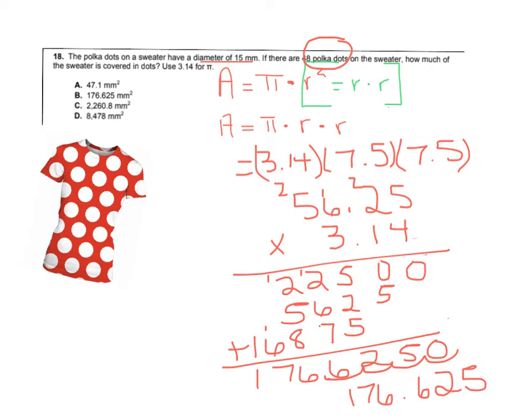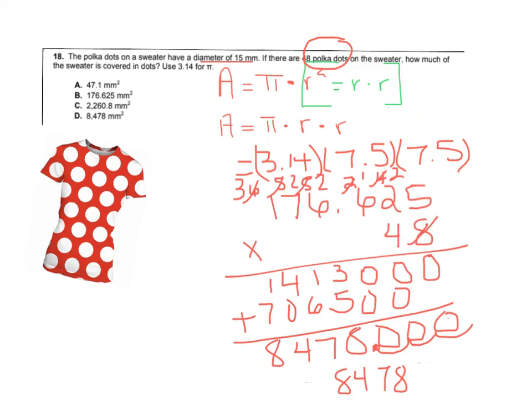So this is the area of just one of those. And when the math is complete, we see that for 48 polka dots, the area would be 8,478 millimeters squared.